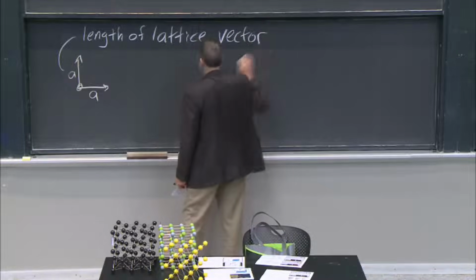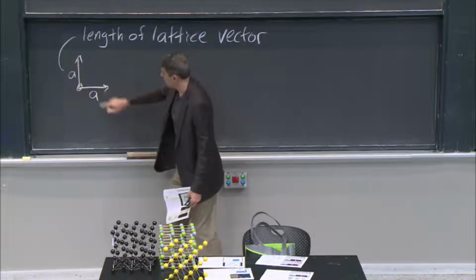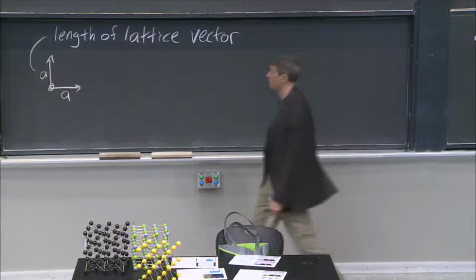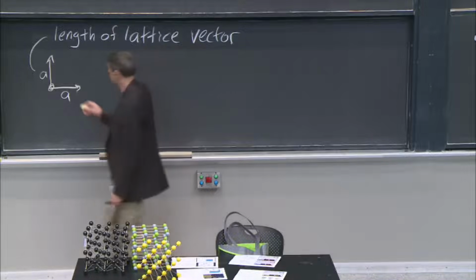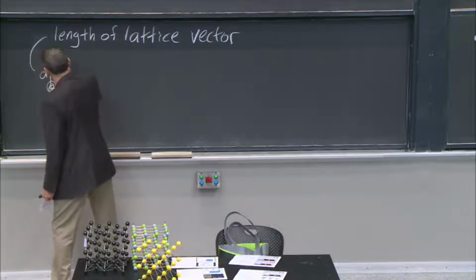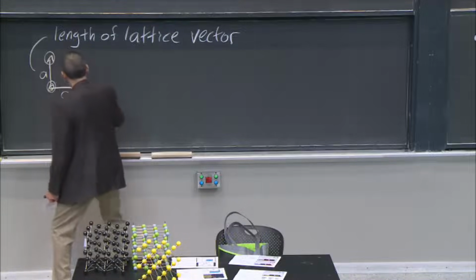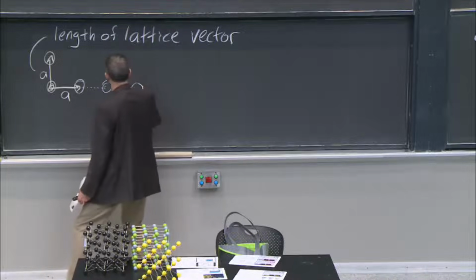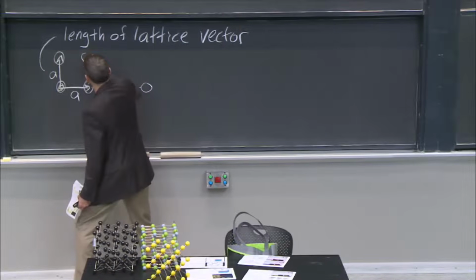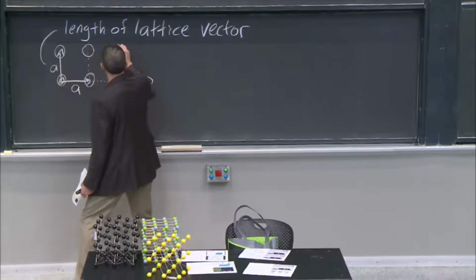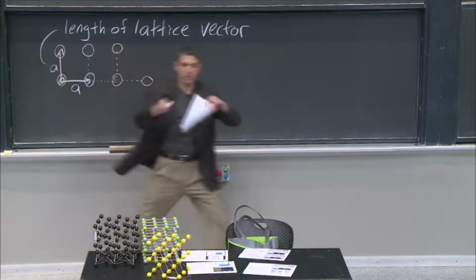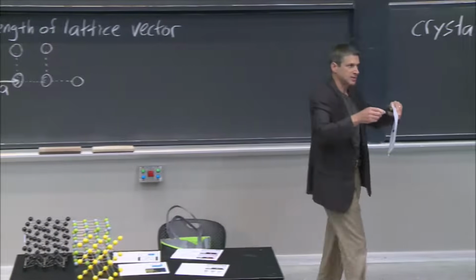Now, if I took this lattice, this stamp, and I decide what to put there, I'm going to put circles. I put a circle everywhere that I stamp.